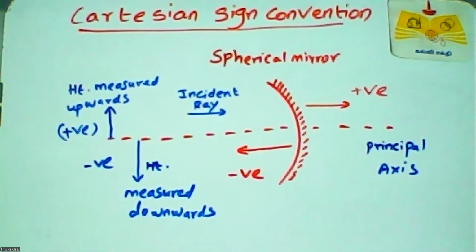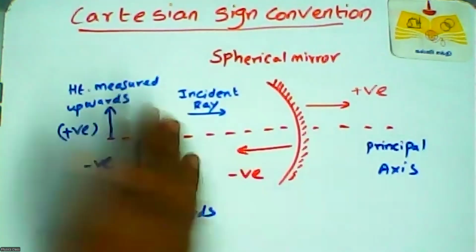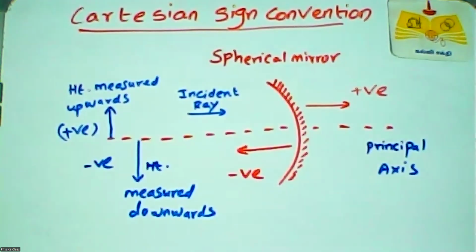Distances measured against the direction of the incident light ray are negative. Clear?